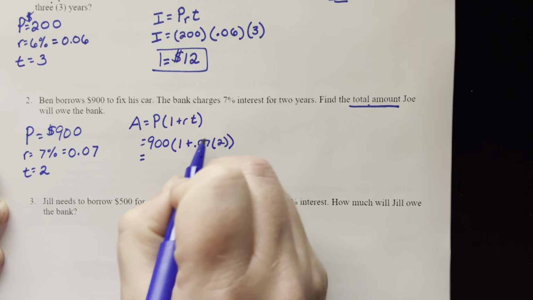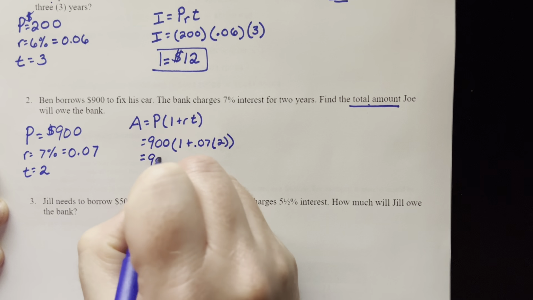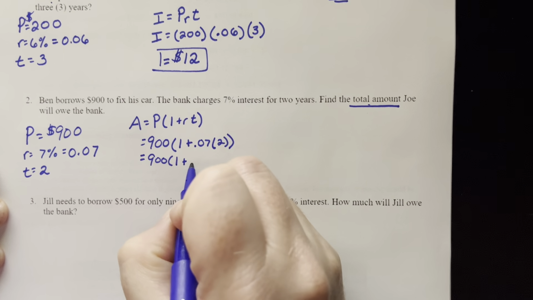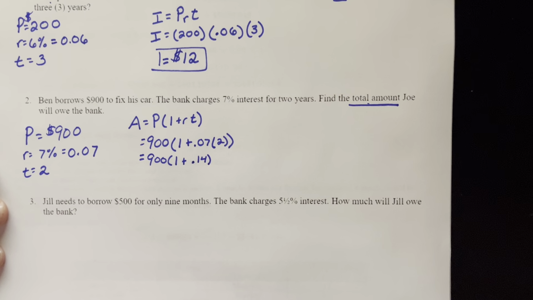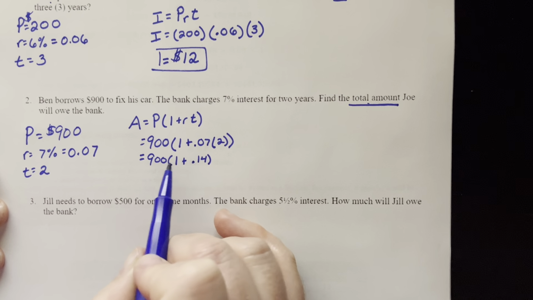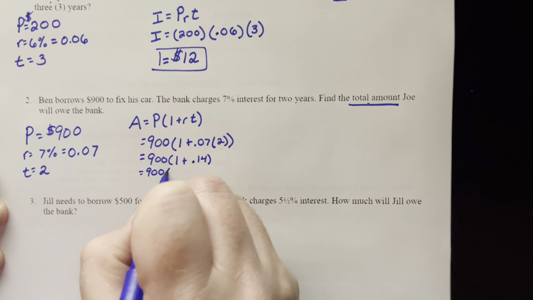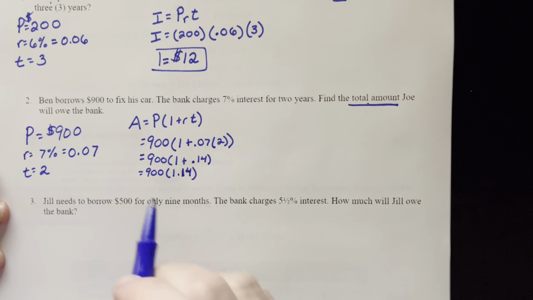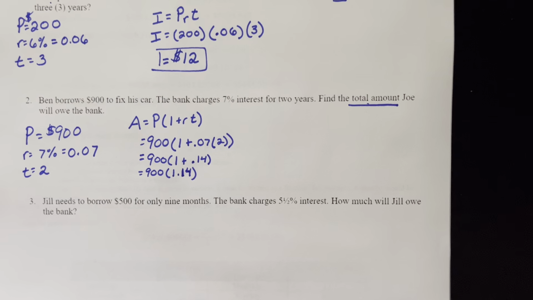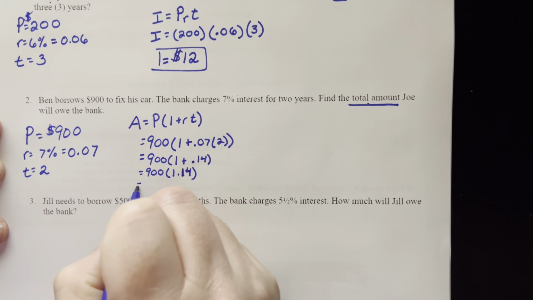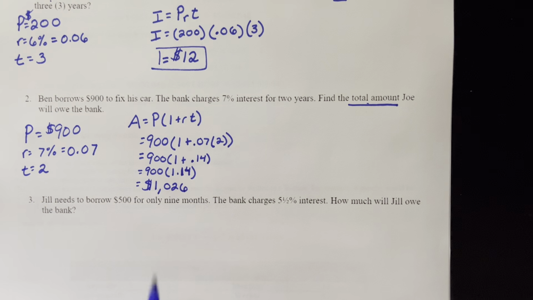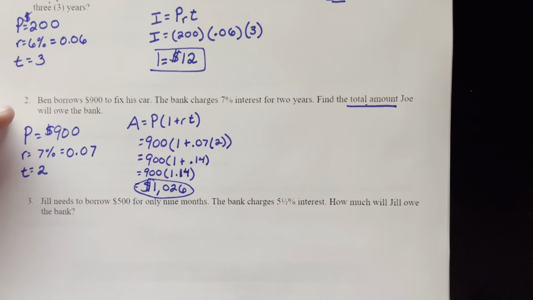So the first thing we need to do is the multiplication within the parentheses. So 0.07 times 2 would be 0.14. The next thing you need to do is the addition. So 900 times 1.14. And now we can do the multiplication. So 900 times 1.14 tells us that Ben will owe $1,026. So that answers the question.